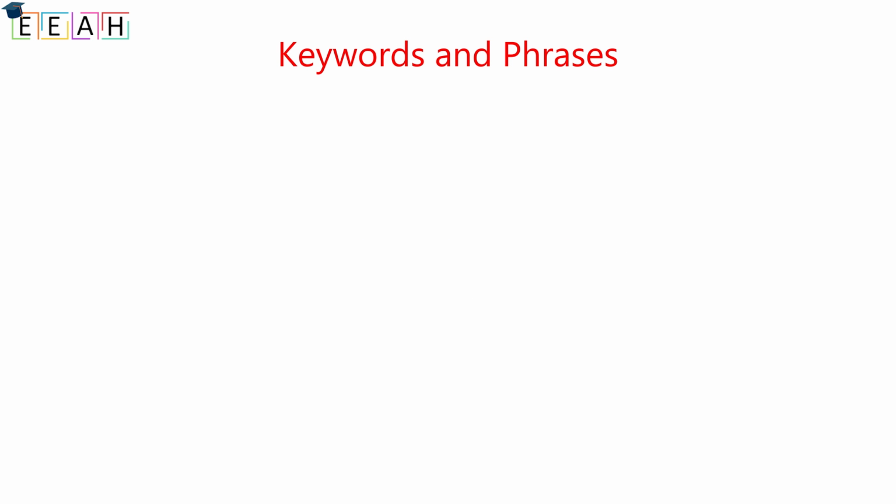Let's have a look at today's keywords and phrases. Comparative forms. If you have a one-syllable adjective, like old, you add an ER at the end, older. If your adjective ends with an E, as in the word large, it becomes larger. You add an R at the end.